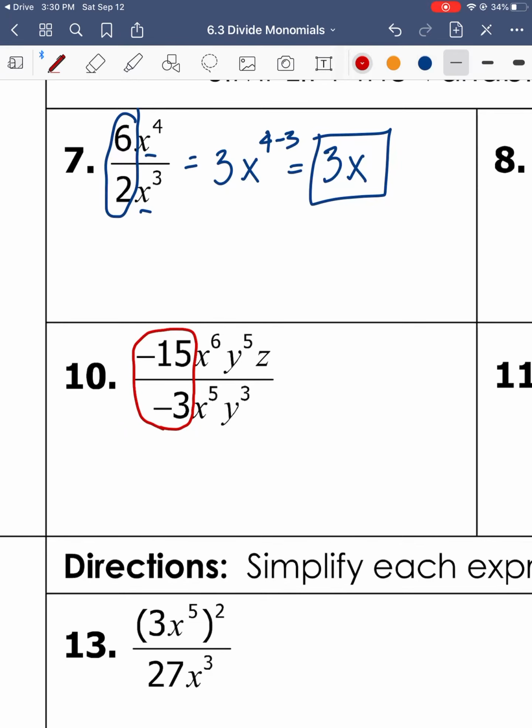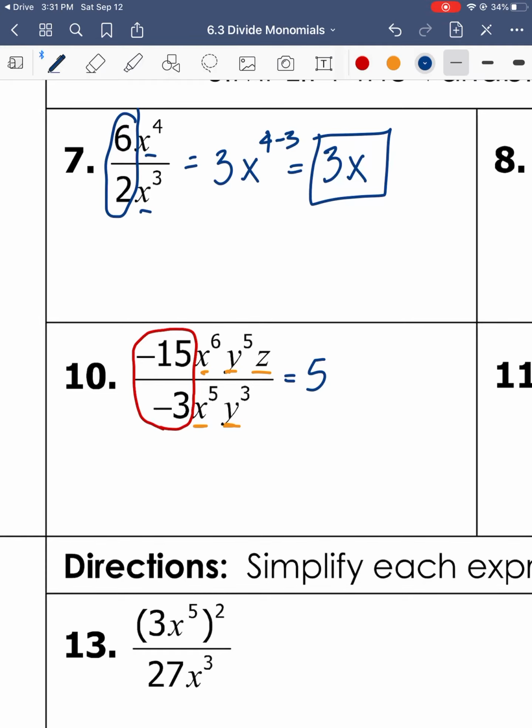And just a side note, if we can't divide these into a whole number, like in number 7 and in this problem, we're just going to reduce this fraction as much as we can. And then we'll do the x's together, the y's together, and then the z's just kind of hang out until the end there. So negative 15 divided by negative 3 is positive 5.